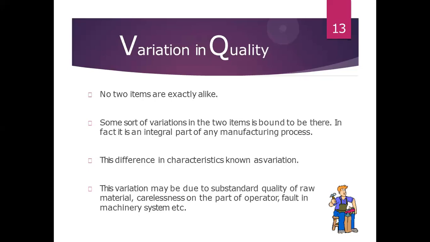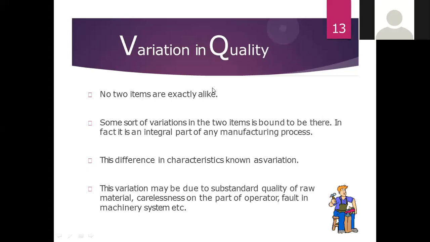So then the next question arises: why are there variations? The variation may be due to substandard quality of raw material, maybe the raw material quality may be low, or carelessness or mistakes of the machine operator, or sometimes a fault in machinery.